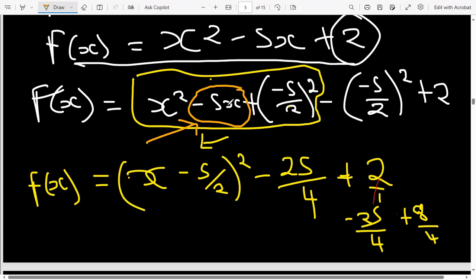But we know that this one here will form a perfect square, so we ignore the term with the x. We just concentrate on these two that have to match the squared term. So that's what we always do.